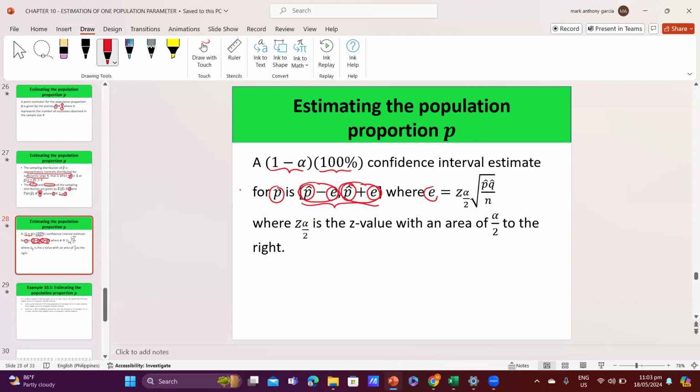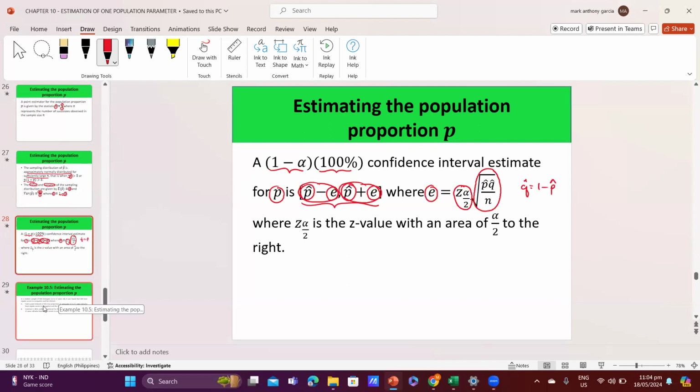The margin of error is obtained by multiplying the z-score, z sub alpha over 2, with an area of alpha over 2 to its right side, times the standard error of the sample proportion p hat, which is given by the square root of p hat times q hat over the sample size small n. So q hat here is equal to 1 minus the sample proportion p hat.